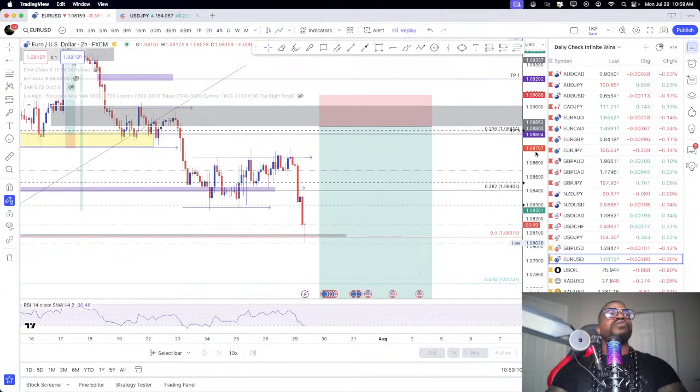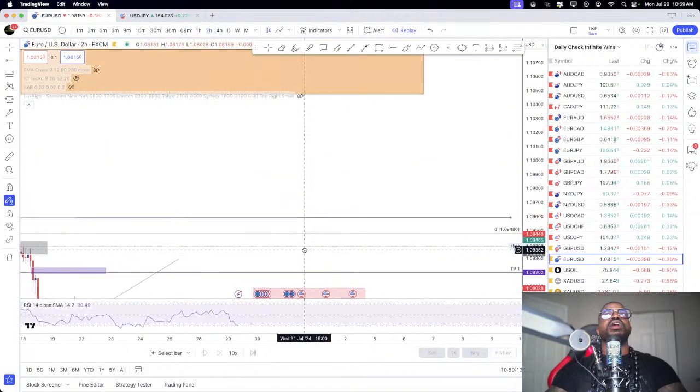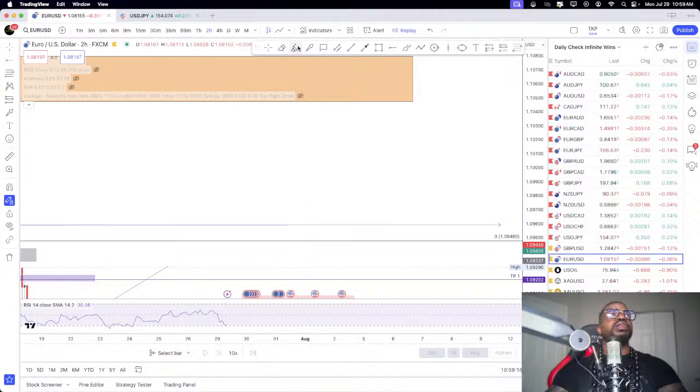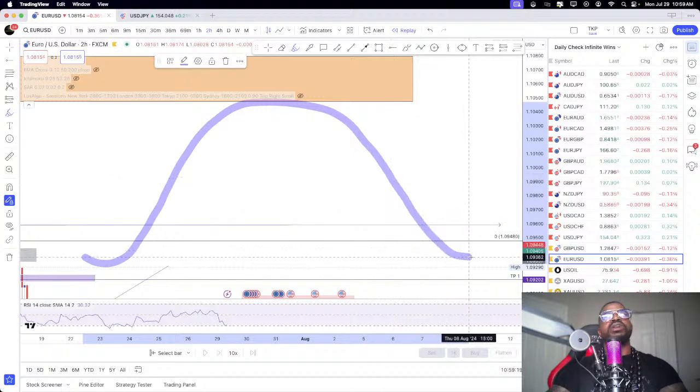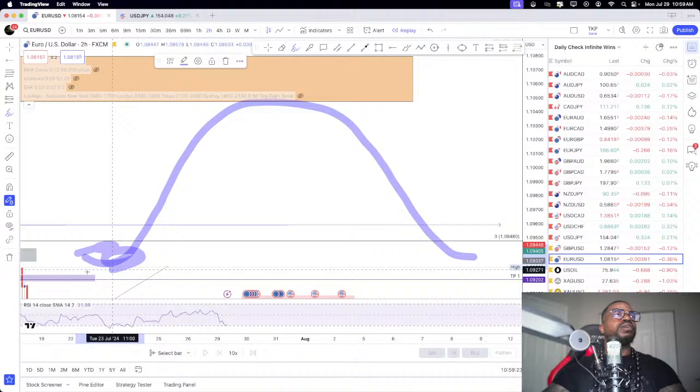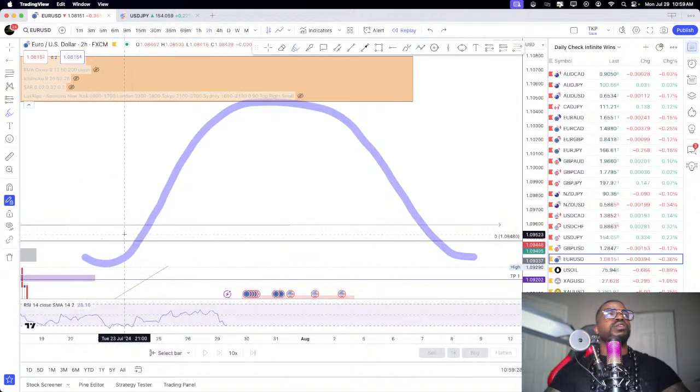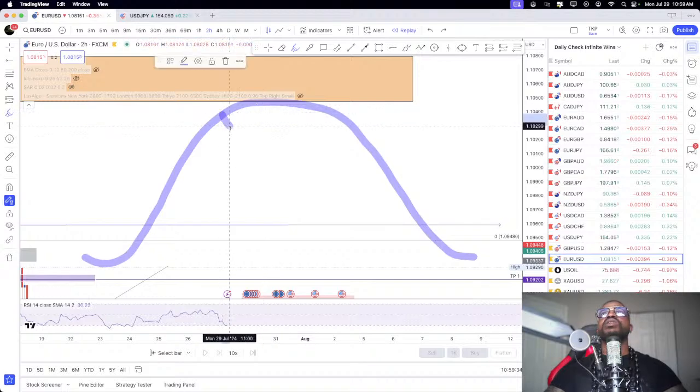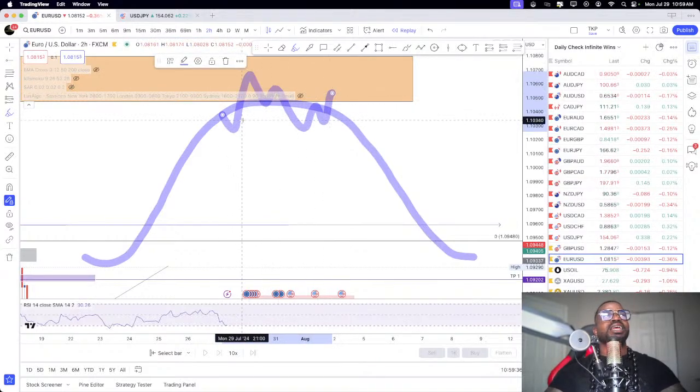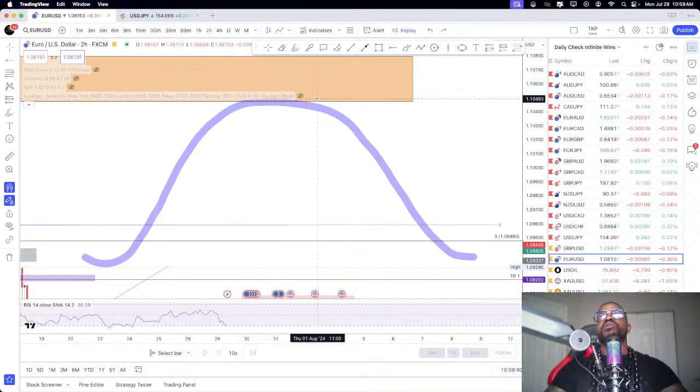All right, so far, another thing that I show you guys, we look at price like a runner in a long jump, okay? So when you're on the left side, right here at the bottom, this will be considered consolidation or stage one. When price goes into that uptrend, that's what we look at as stage two. When that runner gets to the height of that jump and you consolidate again, this will be stage three.